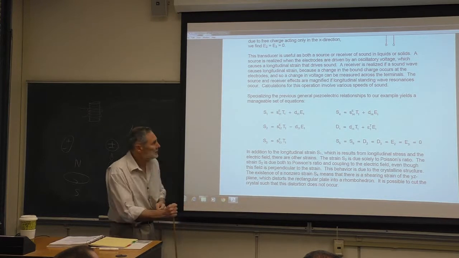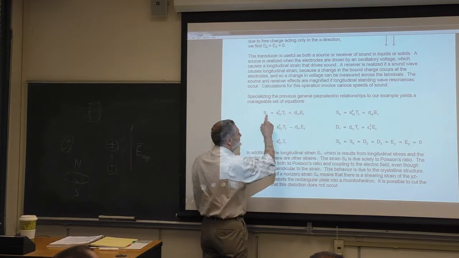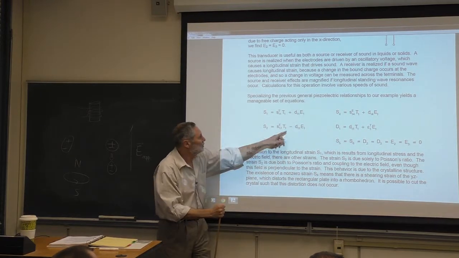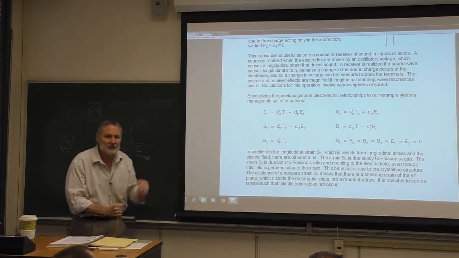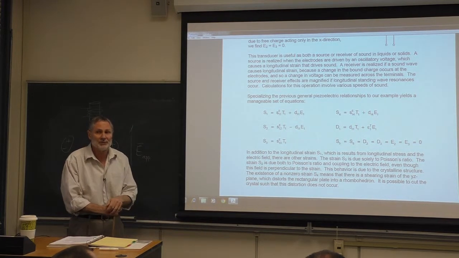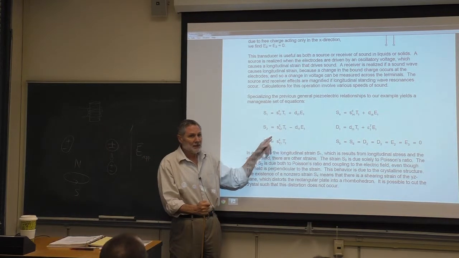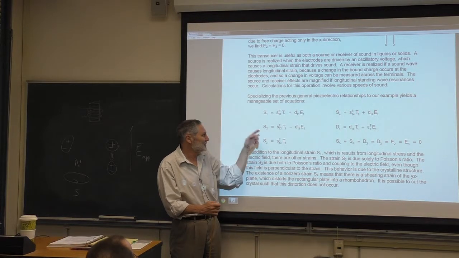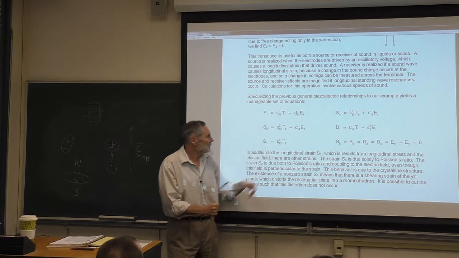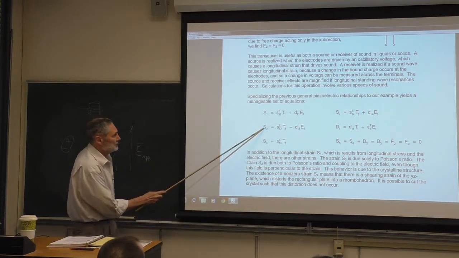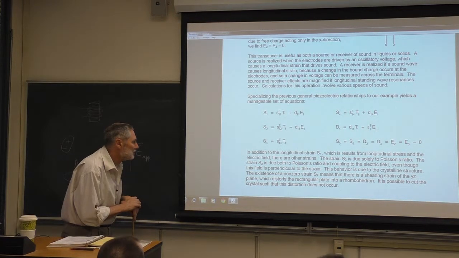It is causing an S1 strain. Now there's no Poisson's ratio here. So this is a Poisson's ratio effect, but it's associated with the piezoelectricity. It's independent of the Poisson's ratio effect here. So I usually call it a Poisson's ratio type effect associated with the electric field here. So it's more than just Poisson's ratio operating here. We also have another term there. I want to make sure you see that, because this will come up again later in the course.